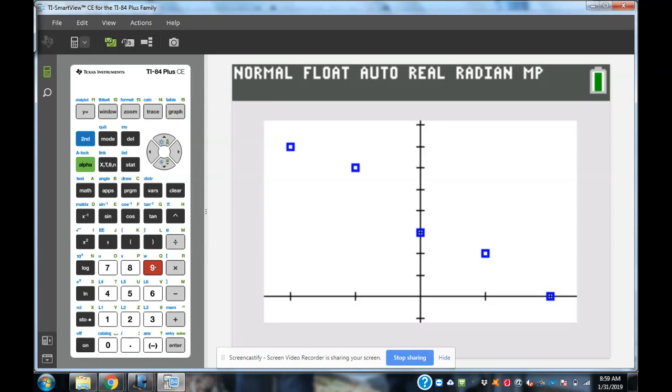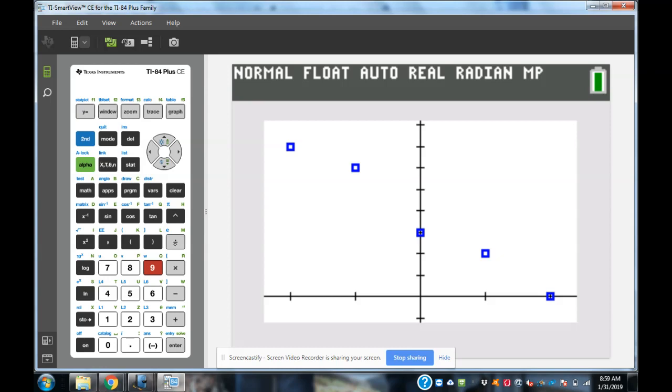Zoom 9, and now I can see, hey, there's my negative relationship with those ordered pairs that I put in. So once you turn that scatter plot on, all you have to do is hit graph and then zoom 9, and it'll show you the new one for your list 1 and 2. As long as you're using the same two lists, you don't have to go back through turning it on.